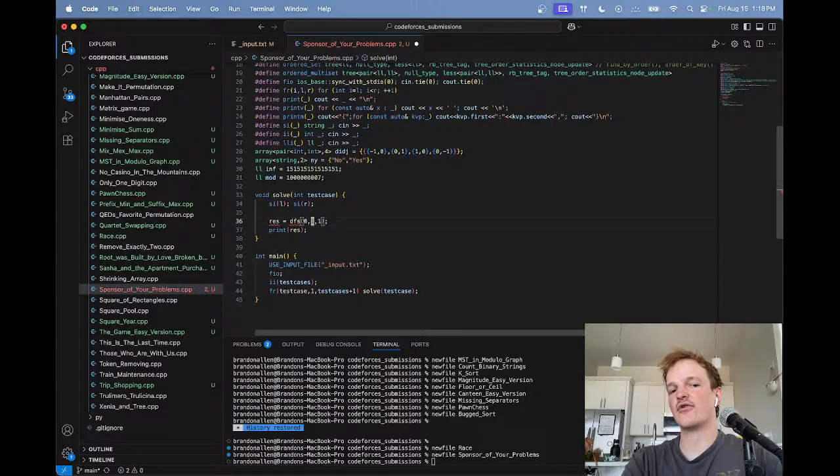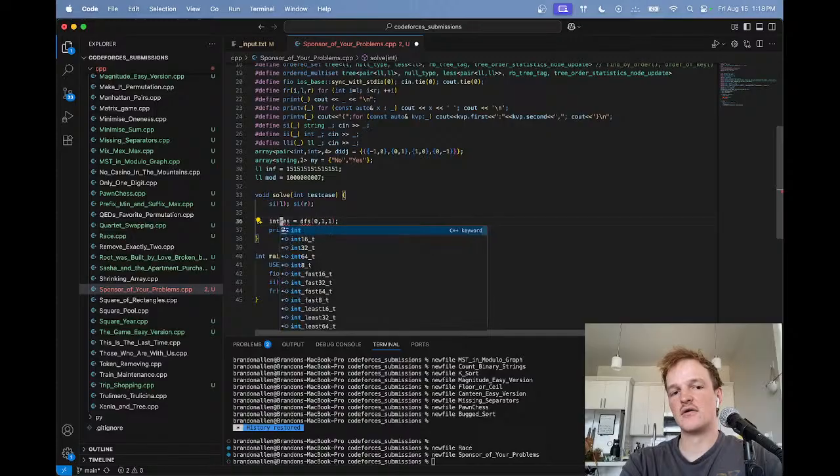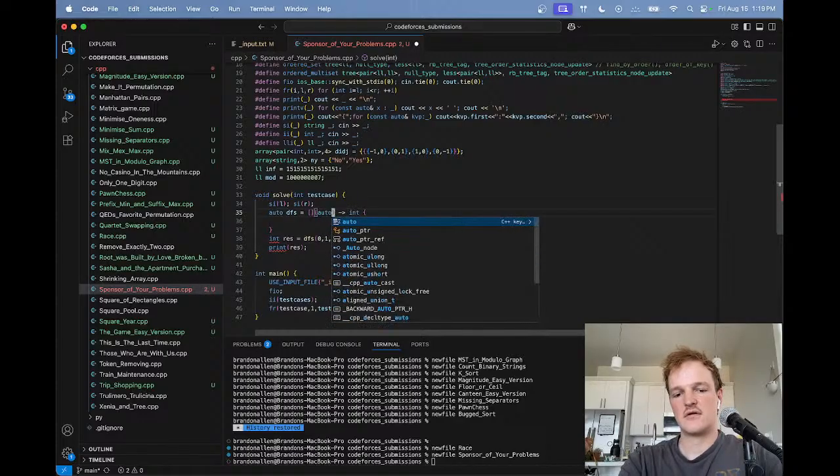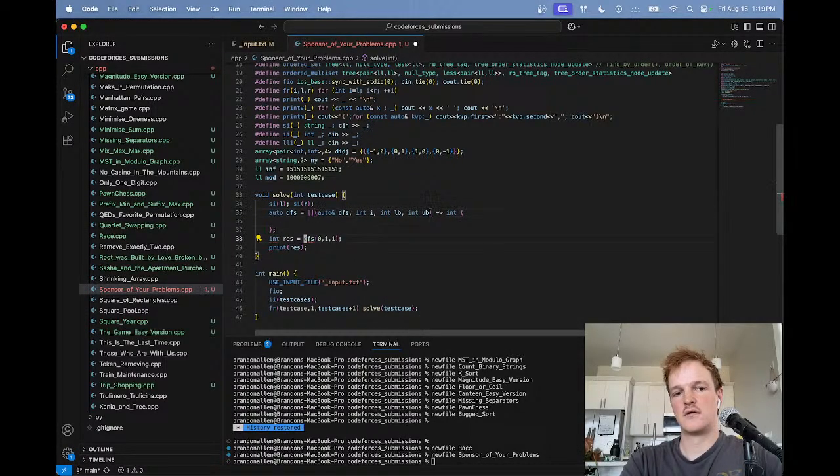As far as you're concerned, the left and right bounds both are still there. DFS is equal to that. What's this returning, an integer? Okay, perfect.